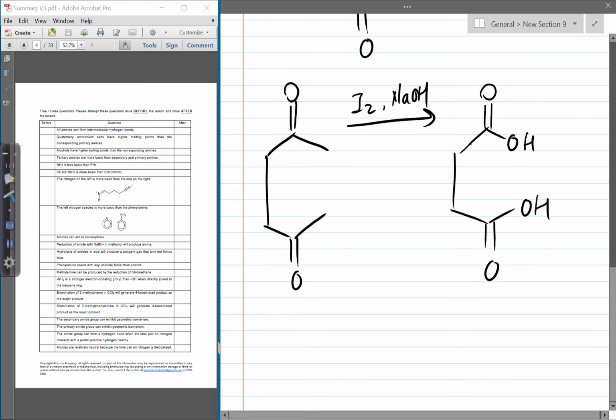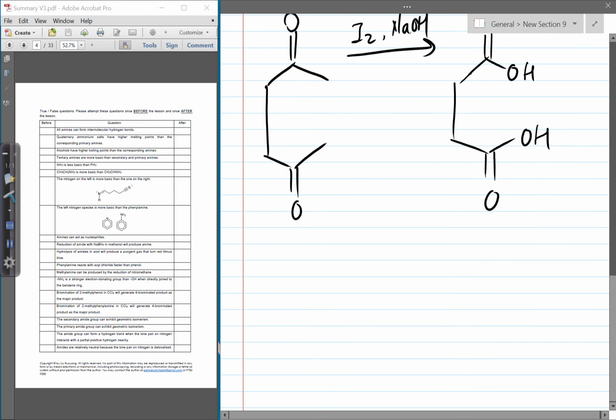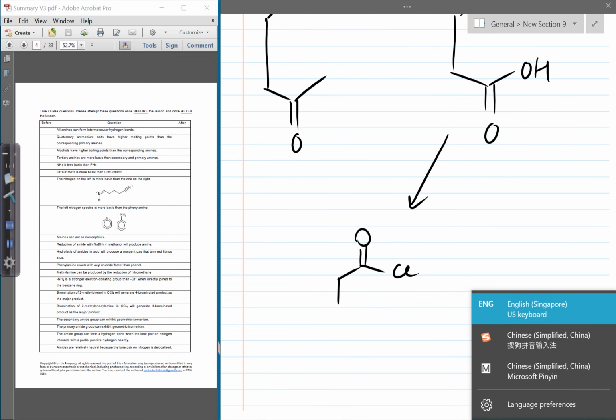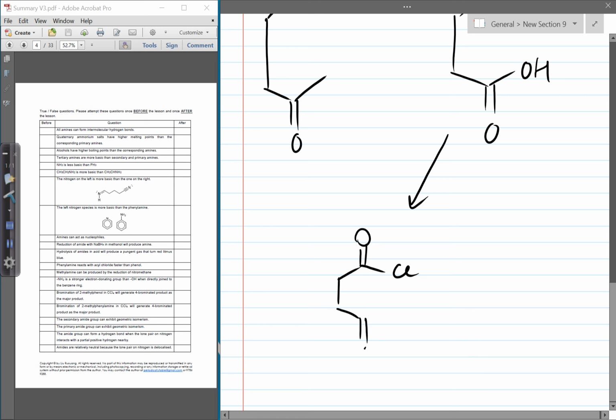So in order to form an amide, you should have this intermediate in your head, which is your acid chloride. You have to convert to an acid chloride first before you get amide. So you have to get to this first, before you add in your amine, which forms your amide.